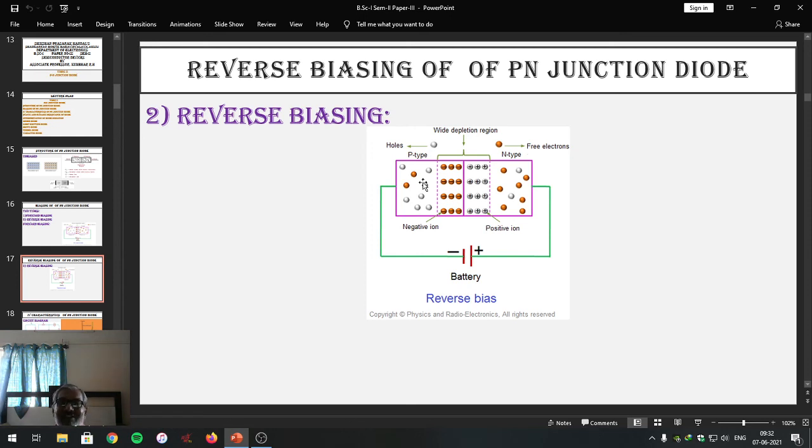In reverse bias condition, after breaking the junction, current will conduct because of minority charge carriers in the respective regions. Means in p type of region, electrons are responsible to carry the current, and in n type of region, holes are responsible to carry the current. These are the respective minority charge carriers.